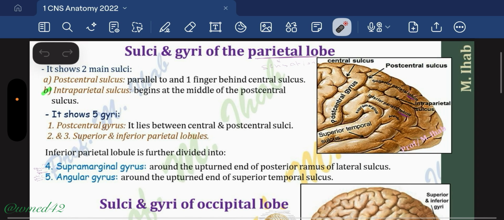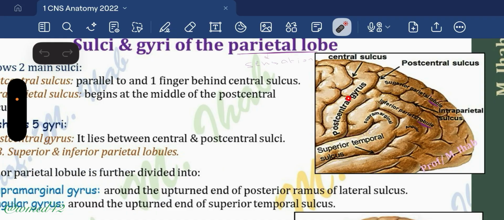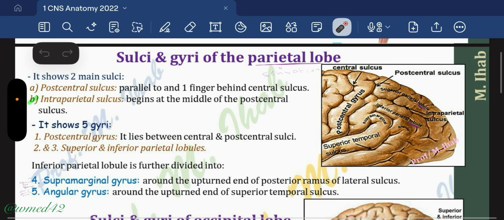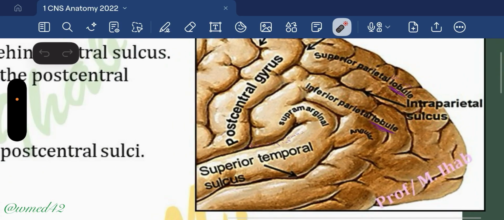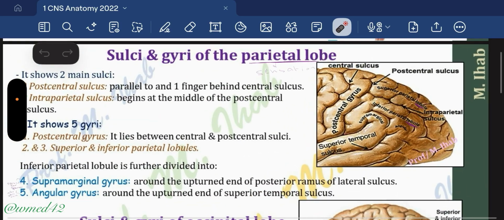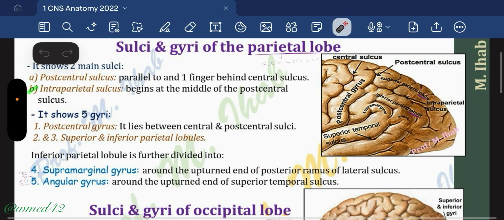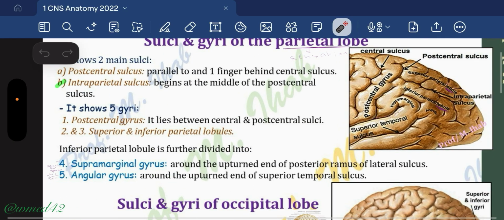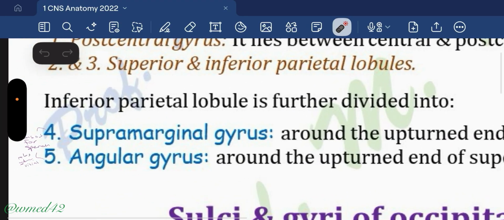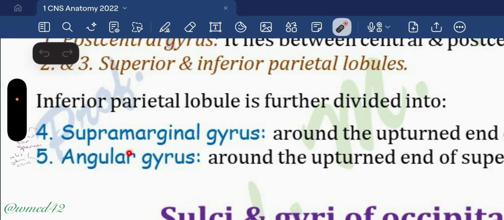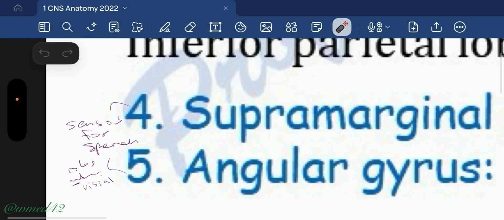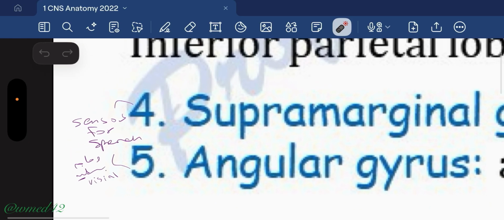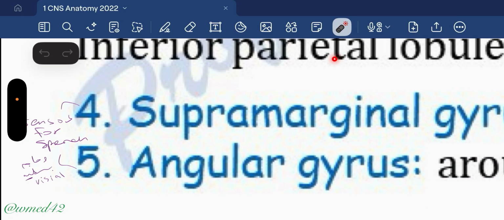It shows five gyri, which are the post-central gyrus, right here, and the superior and inferior parietal lobule. The inferior lobule is further divided into supramarginal gyrus and angular gyrus. Used for sense of speech.